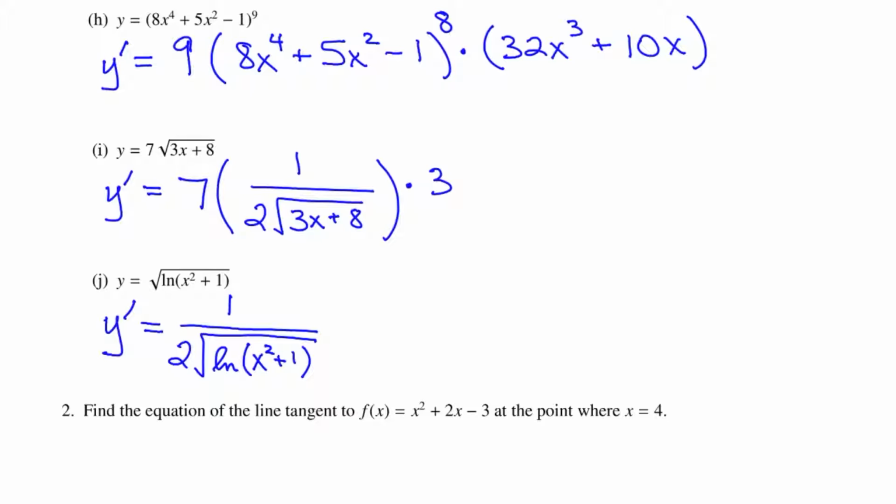Now, the next inside function is natural log of x squared plus 1. So the derivative of that is a natural log, so it's 1 over the inside of the natural log, x squared plus 1. But the inside of that was not trivial, and so we take the derivative of that. And the derivative of x squared plus 1 is 2x. So there's your double chain rule.